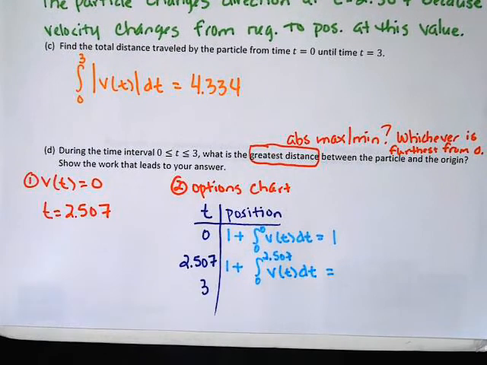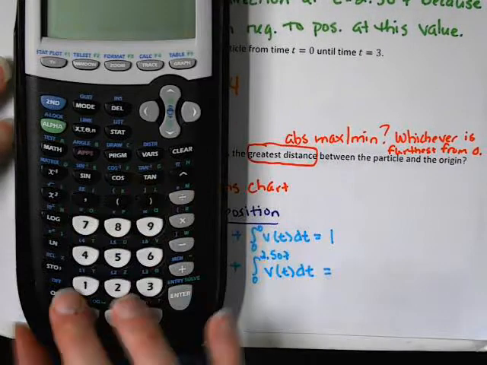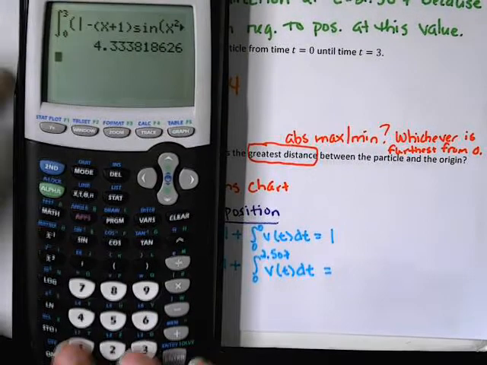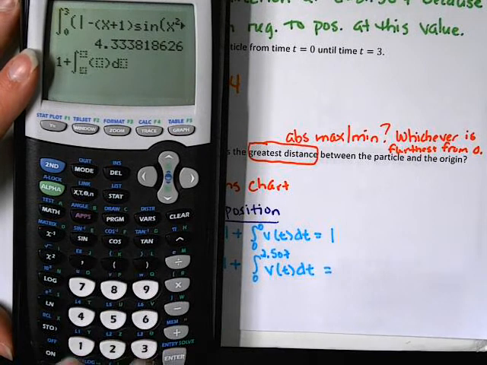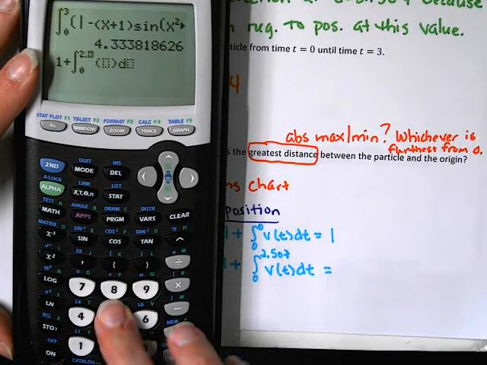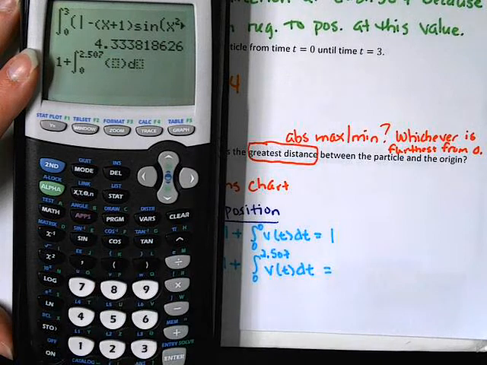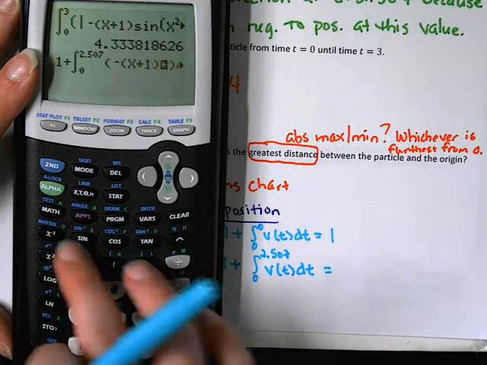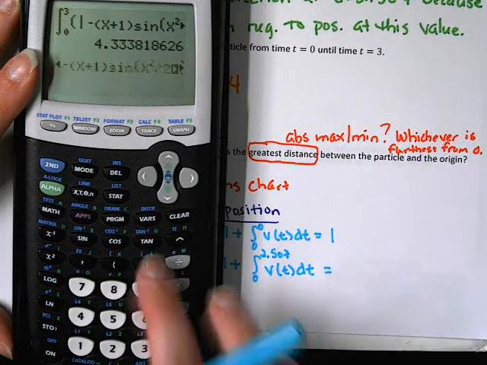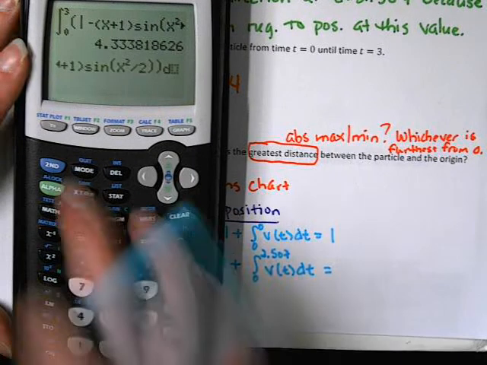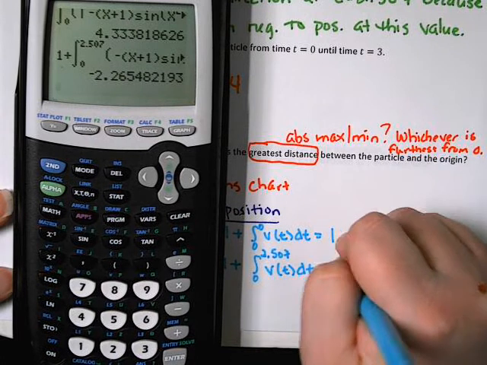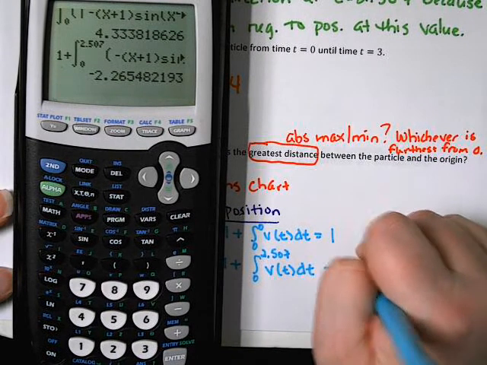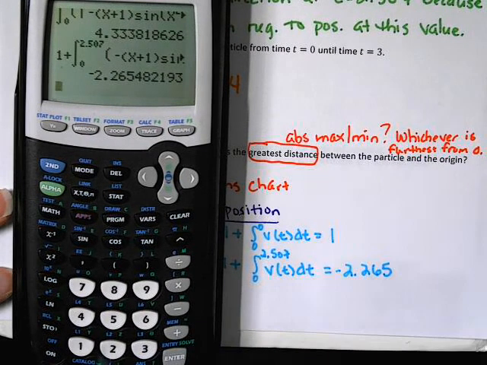And I'm just going to put that in my calculator. So 1 plus math 9, from 0 to 2.507, negative x plus 1 sine of x squared over 2. And I get negative 2.265.